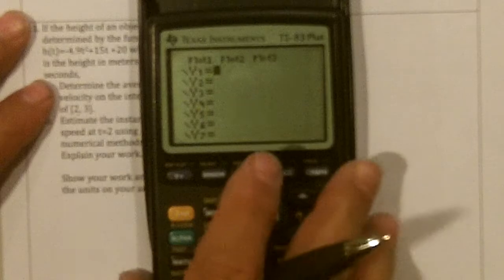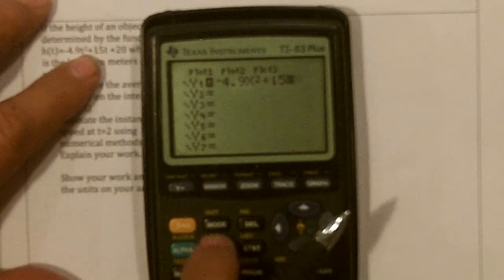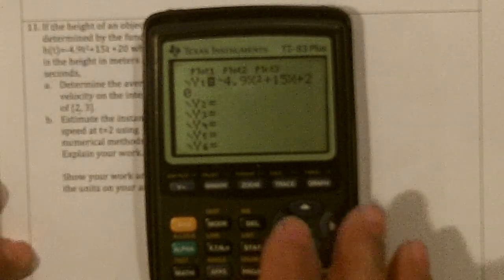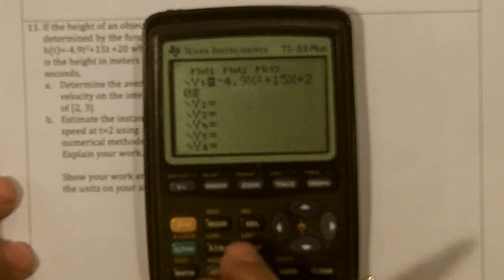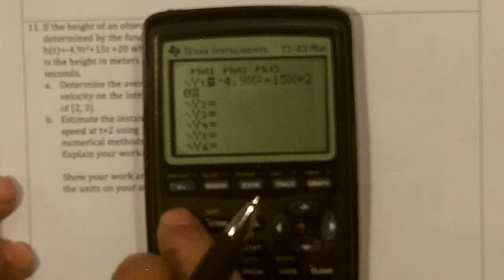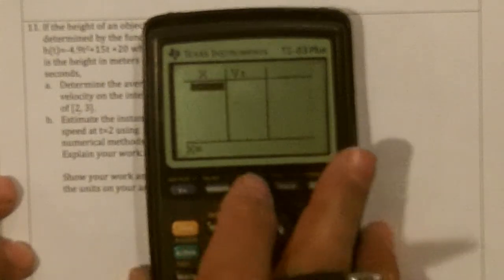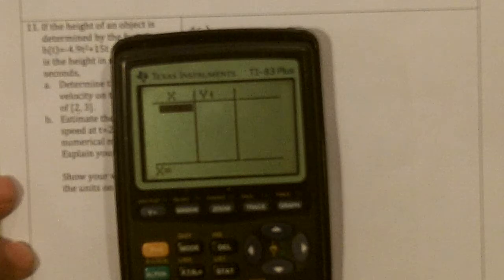Clear the equation, and I'm going to type in negative 4.9x squared plus 15x plus 20. Okay, I'll do it this regular way. Second table. And I'm going to delete the numbers I got in there. And I got to put in 3.